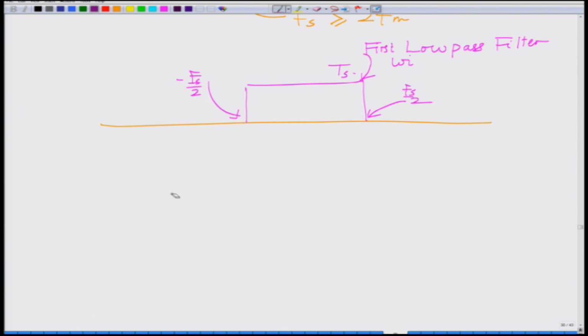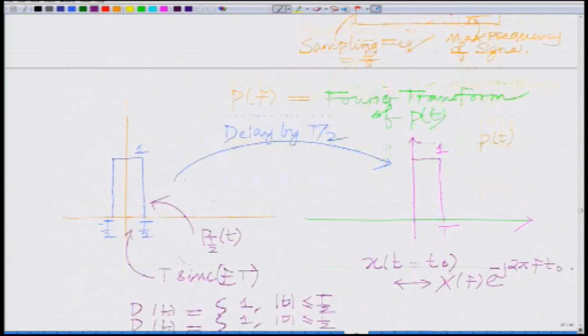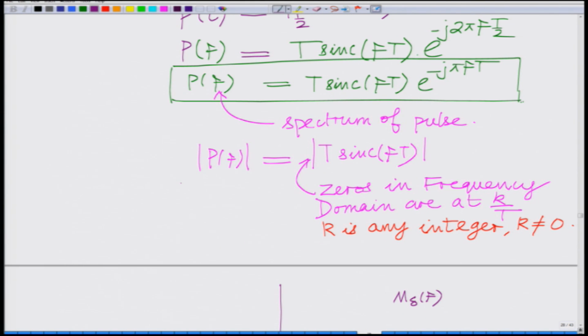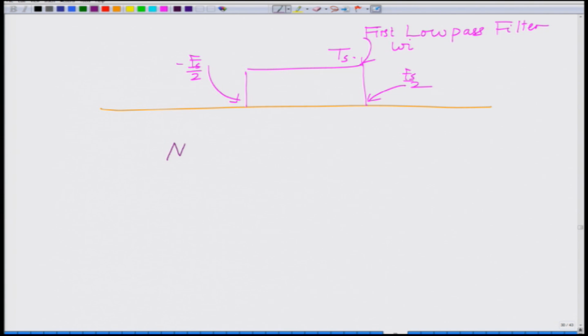We know the expression for M delta f, that is the response of the impulse sampled signal, that is summation n equal to minus infinity to infinity Fs M of f minus n Fs.